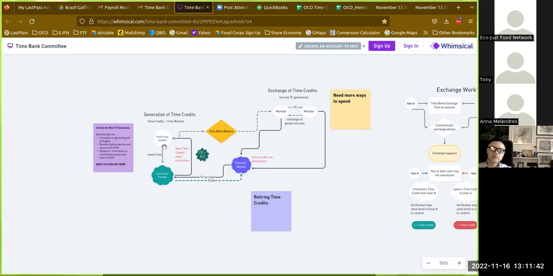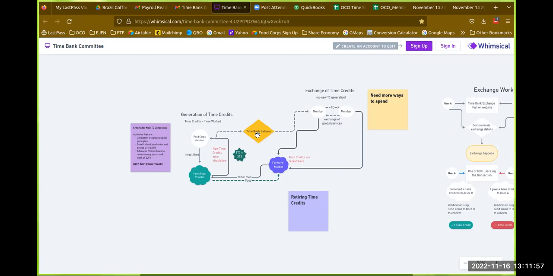And for every hour that is worked in food production at those places, the Food Corps member earns a time credit. Right, and so their time credit is then logged into the EcoJust Time Bank system, which is our Airtable, right?